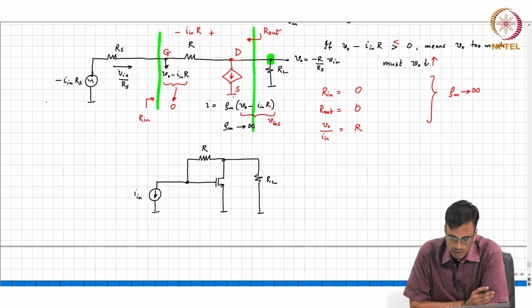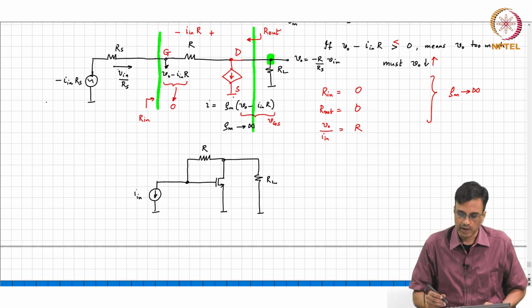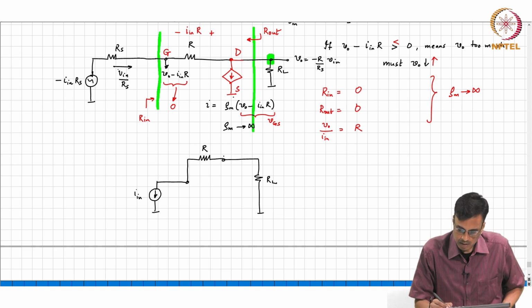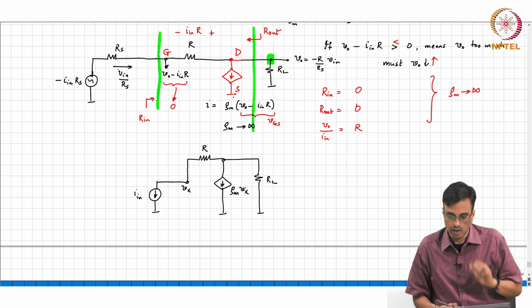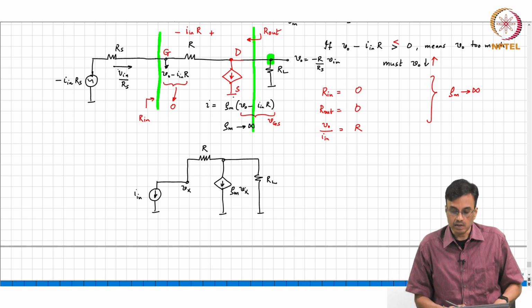what happens to the properties of the network when the transconductance is finite. So let's call this Vx. That's Gm times Vx. So what is the current flowing through the resistor R?